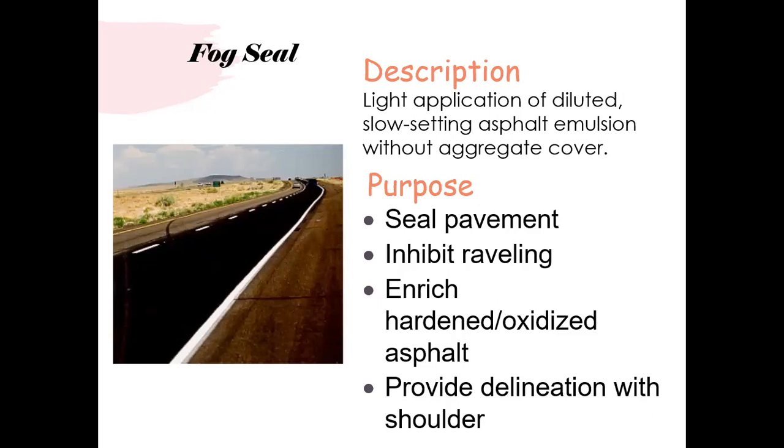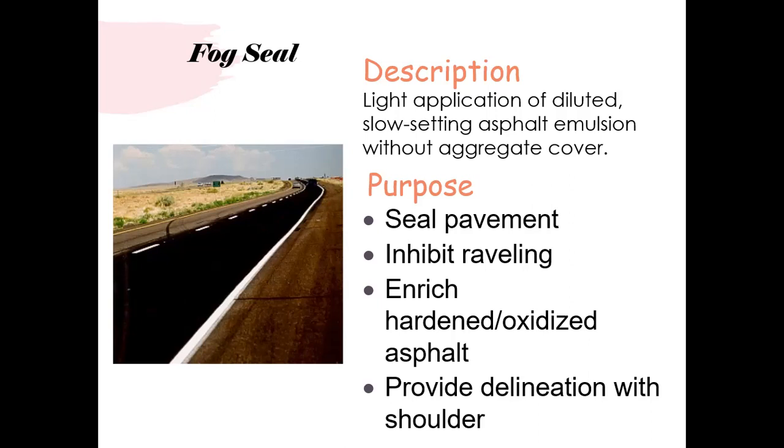Those of you who are wondering what an emulsion is: it is the modified form of asphalt in which water is added to the asphalt. Water and asphalt cannot be mixed together, so they are aided by some external catalyst agents, and this is how it's prepared.